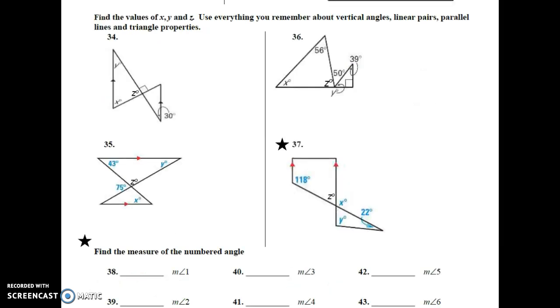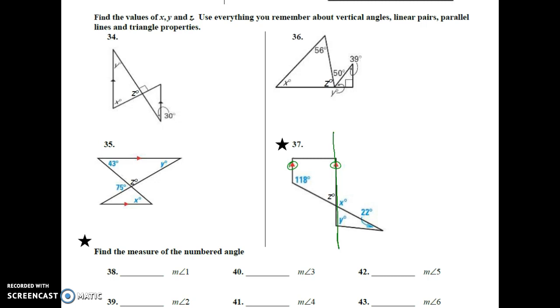This next part, we have to find the values of x, y, and z. We need to go all the way back to vertical angles, linear pair, parallel lines, triangle properties. We're going to use everything that we know. I thought I would give number 37 a try. One thing I noticed that we have not talked about in a while are these parallel lines.